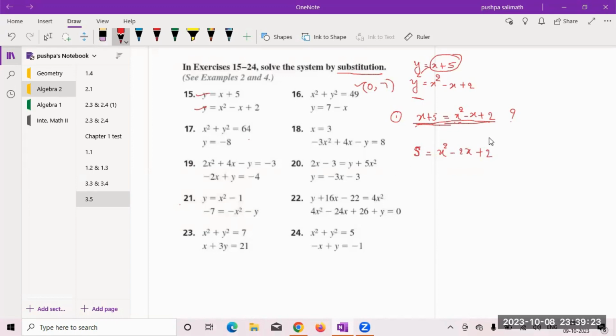So I have to write this in the form of ax square plus bx plus c is equal to 0 form. So for that, again, I have to subtract 5 on both the sides. Then I'll get here 0 is equal to x square minus 2x, what I'll get? Minus 3.